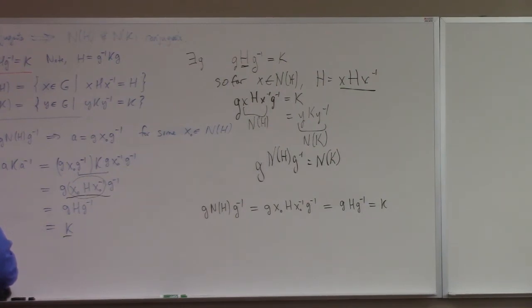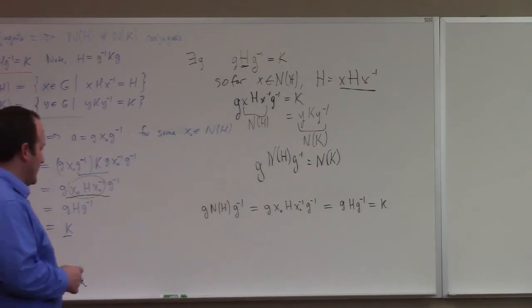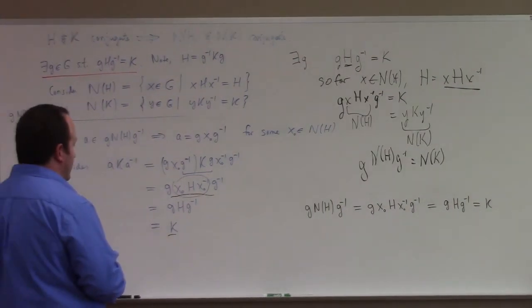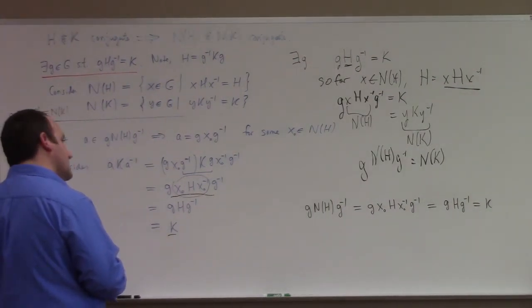I keep forgetting what I'm trying to do. It's my bad. So I'm trying to show that's equal to n of k. Yes. But k is definitely not equal to n of k, right?